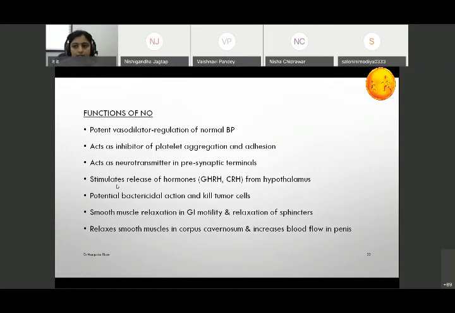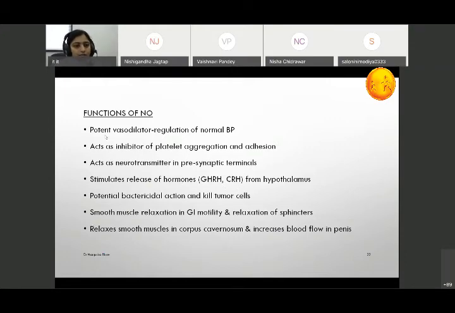It stimulates release of hormones like growth hormone releasing hormone from the hypothalamus. It has a potential bactericidal action: it kills bacteria and also helps in killing cancer cells or tumor cells.